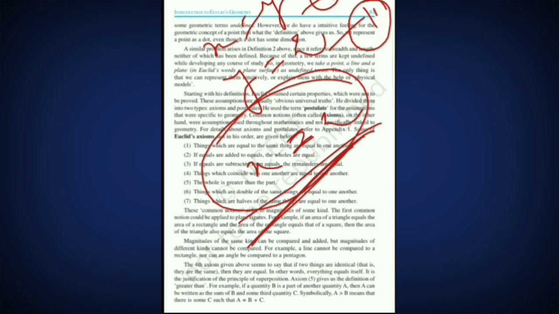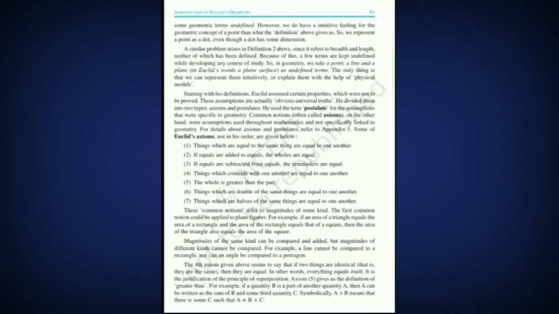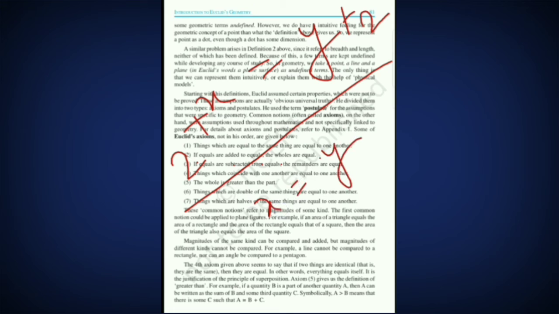Okay, students. Now we will study the next portion of it. Now write down, if equals are added to equals, the wholes are equal. Means I am saying that x is equal to y. If we are adding equal things on both sides, means if we are adding 2 here and 2 here, they will also be equal. If x is equal to y, if you want to add 5 on both sides, you can. Now the quantities will be equal.